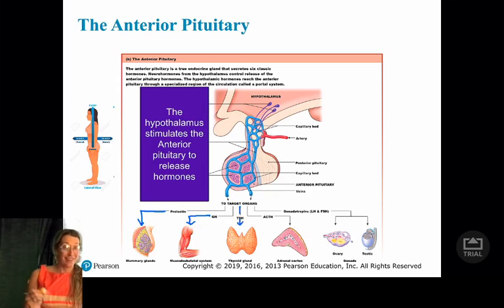TSH stimulates the thyroid. Adrenocorticotropin hormone stimulates the adrenal glands. And then the gonadotropins stimulate the gonads. So we've got ovaries and testes stimulated. And sometimes I think names are a mystery, but in these cases I actually think that they fit pretty well with what they actually do.